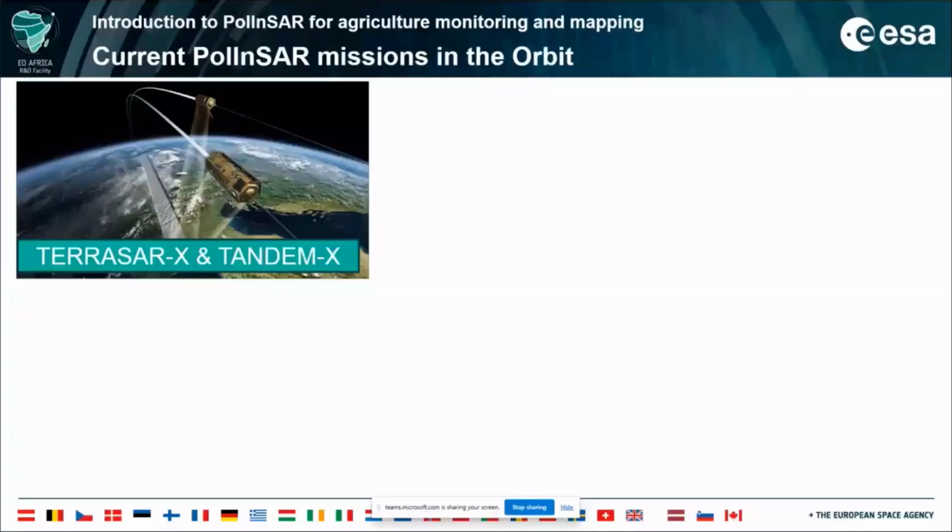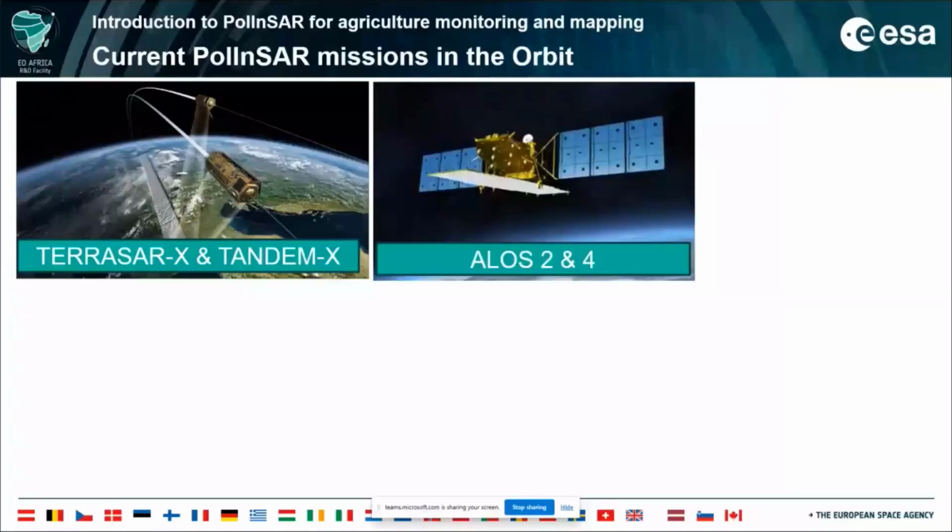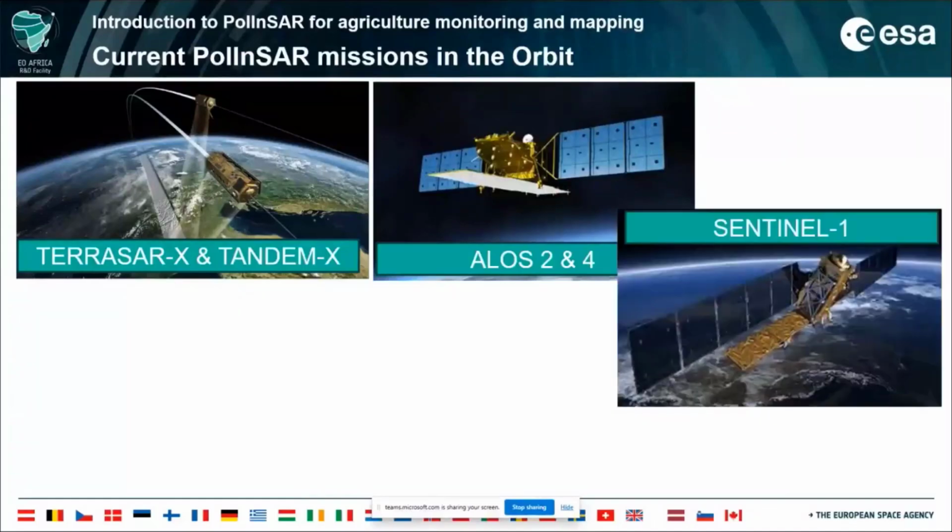And then the next one is ALOS-2 and ALOS-4, which are developed by the Japan Aerospace Exploration Agency, JAXA, and they offer quad polarization in L-band with advanced capabilities for forest and disaster monitoring. Sentinel-1, on the other hand, is developed by ESA, and it provides dual polarization data in C-band, suitable for large-scale monitoring.